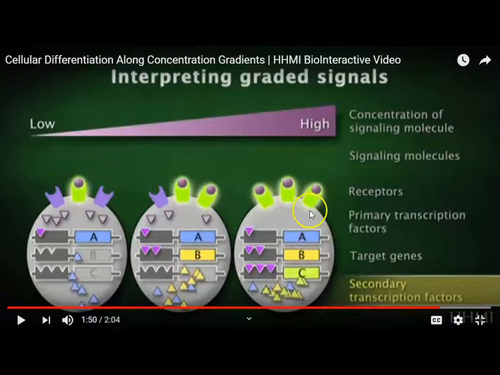So again, going back from the beginning, the presence of a higher concentration of signaling molecules will end with the presence of something more because of the activation of more genes, which is totally different, or which is more than this cell and this cell.